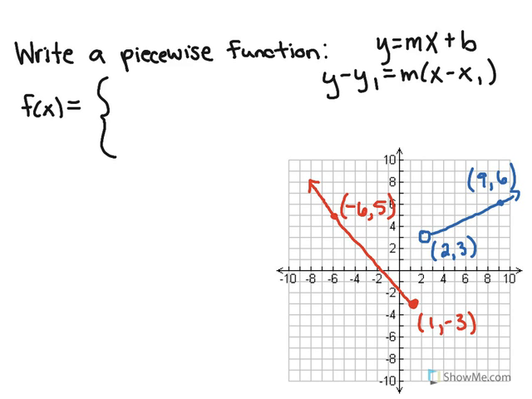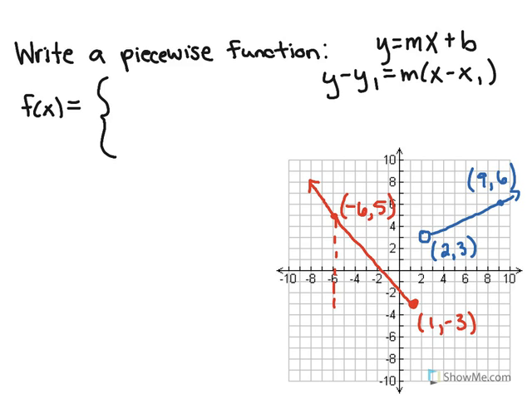So if we do rise over run here, let's see what's the difference. I'm going to start at 1, negative 3, to get to negative 6, 5. And I have to go down. So I went down, let's see, 1, 2, 3, 4, 5, 6, 7, 8.